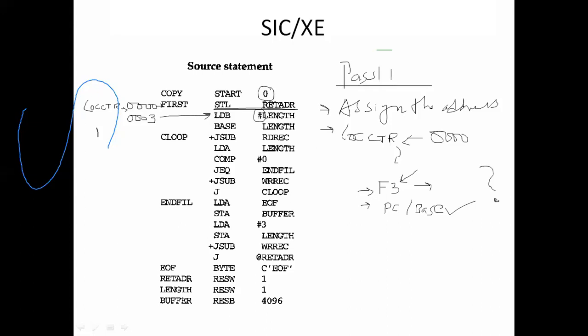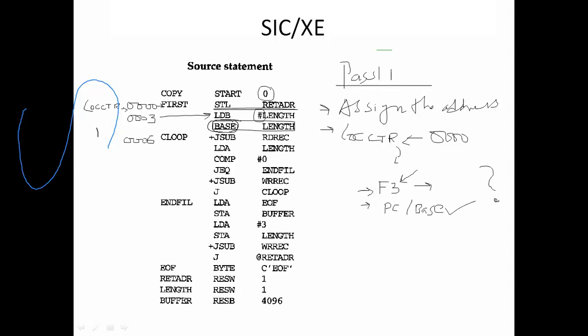So this is a format 3 instruction, which means it is a 3 byte instruction. So the next instruction will be at 0006.